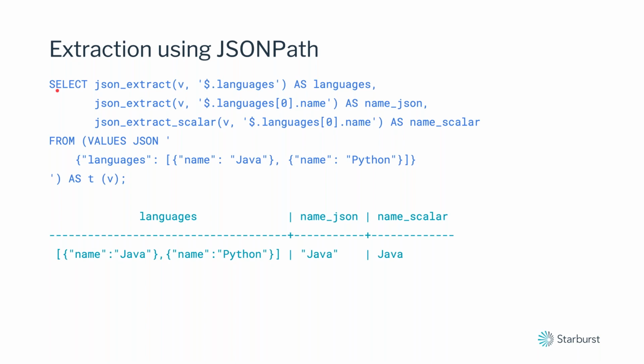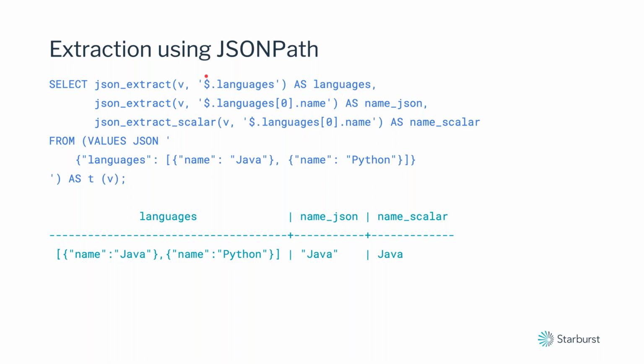So the JSON extract function is used to extract values from a JSON data type, and it takes a JSONPath expression that lets you dig into it using this special dotted syntax.